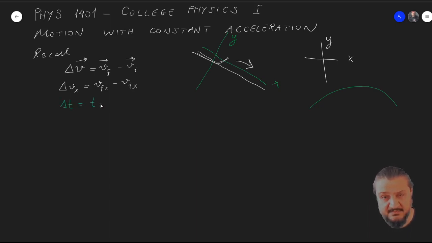Again, that's the final time minus initial time. Your clock may show 6 minutes past 1 when you start your car, and then when you go to the store, it's 30 minutes past 1, which will be t final.